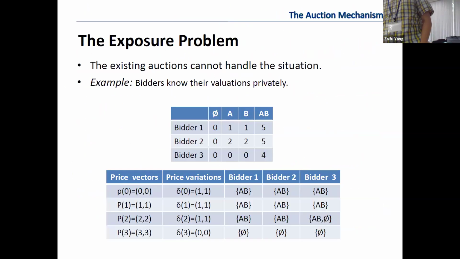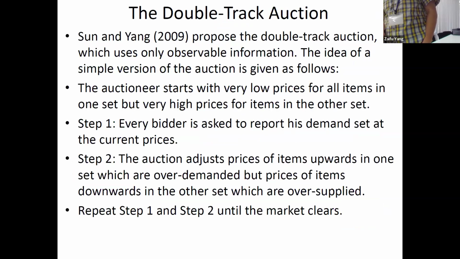So we have the so-called double track auction. The basic idea is that for one group of goods, like chairs, you start from a very low price, say 0, so that every chair will be over-demanded.